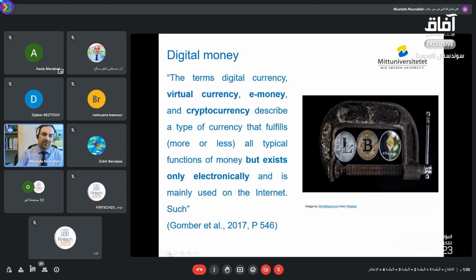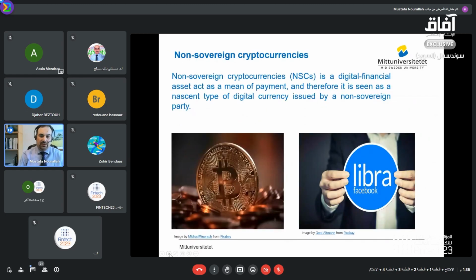And now let me go to digital money, and especially here I would like to distinguish what could be seen as non-sovereign cryptocurrency. I mean digital money issued by the private sector, like Bitcoin, or the project that Facebook had. It used to be called Libra, then they changed the name to Diem, and then the project stopped.